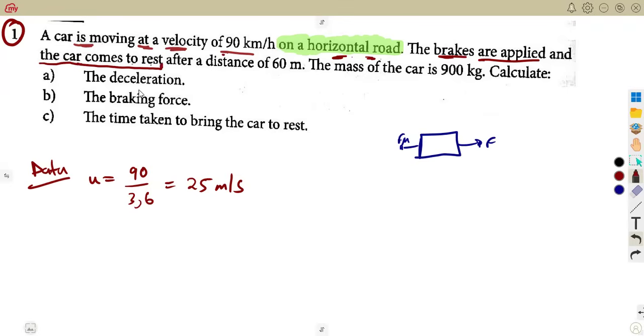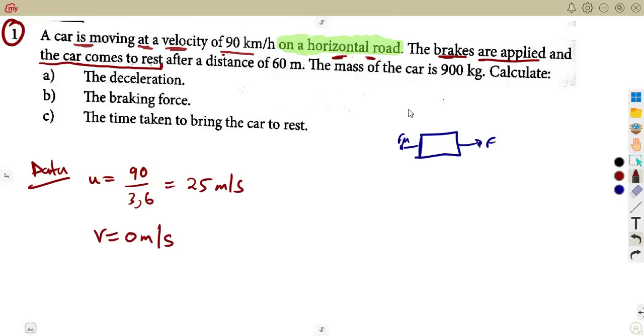Once you are at rest, the velocity is 0. So our final velocity as the brakes were being applied was 0. The car stopped, but instead of telling us that the car stopped, they are saying the car comes to rest.